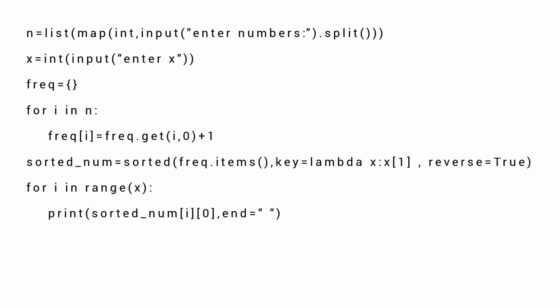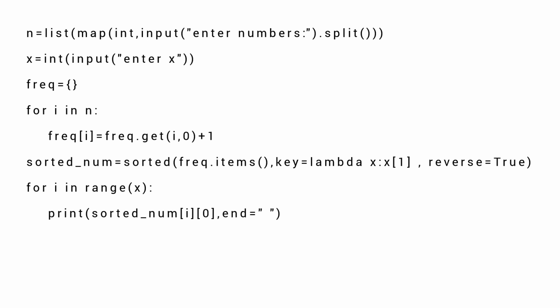After that I used sorted. Here I use the sorted function to sort the values. First it will take the frequency items. It will not take only keys, it will take both keys and values. Here we use the key, because it will take lambda x of 1, meaning it will take the values, not keys.